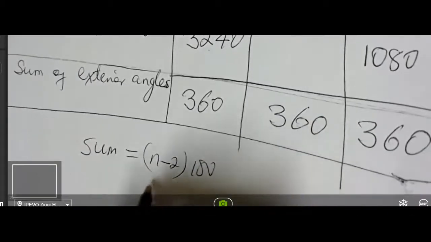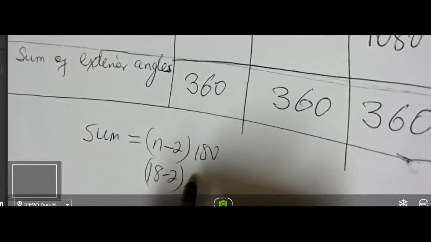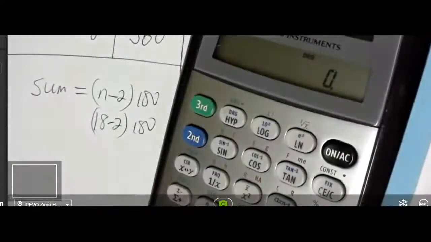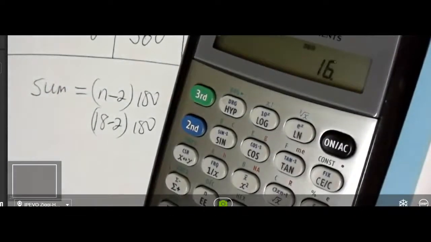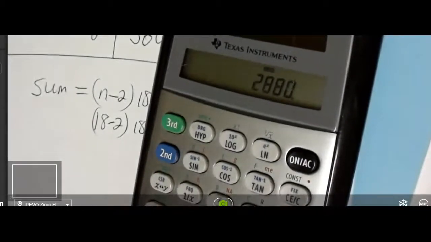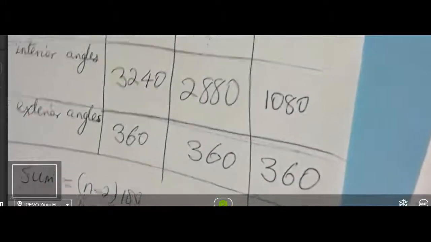So there are 18 sides. 18 minus 2 is 16. 16 times 180 is 2880. So then that column is done too.